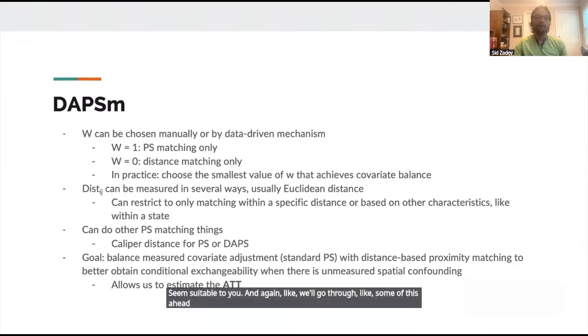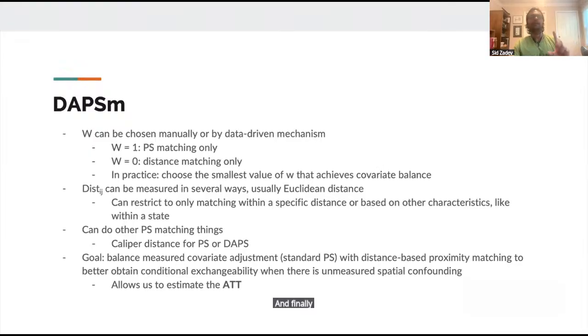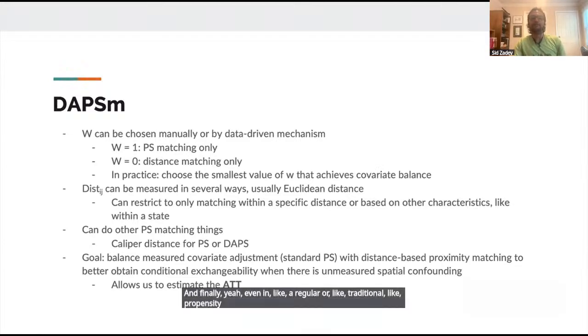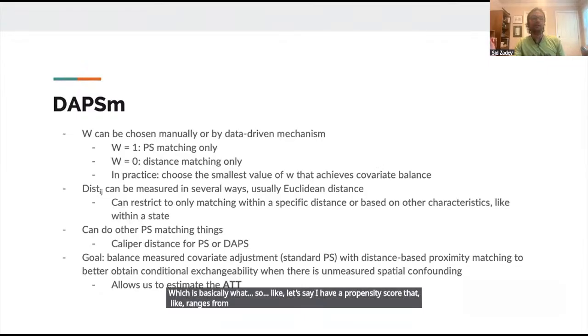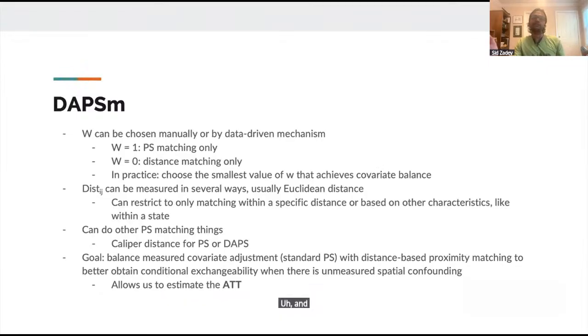And finally, even in a regular or traditional propensity score match, you have something called a caliper. Let's say I have a propensity score that ranges from 0 to 1. When I'm matching people across control and treatment groups, how similar do their propensity scores have to be for me to consider them a match?